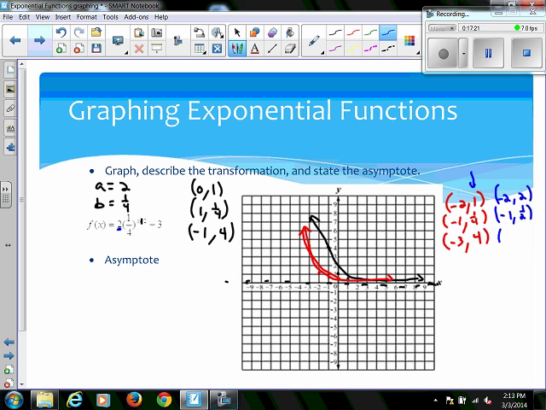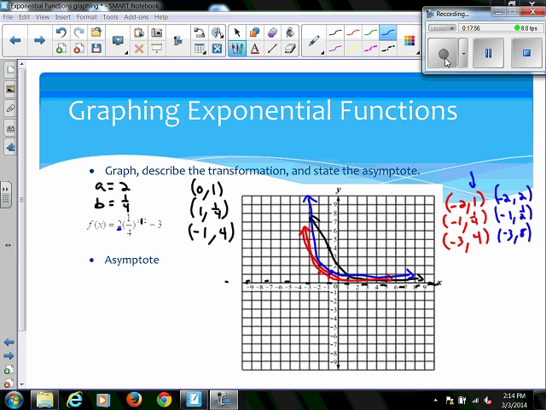I'm going to plot these 3 points now. What do we notice here? We got steeper, so we had a vertical stretch by a factor of 2. I haven't had a vertical shift yet, so my asymptote hasn't moved.